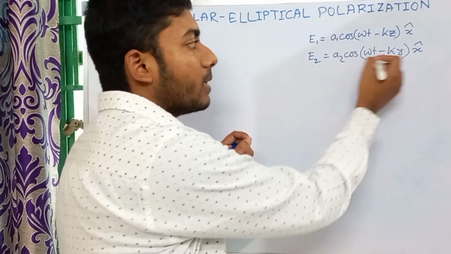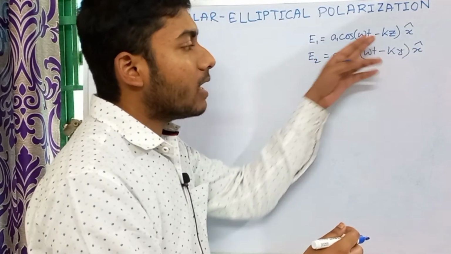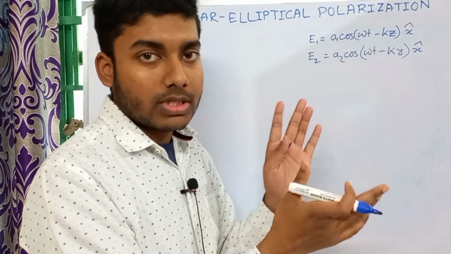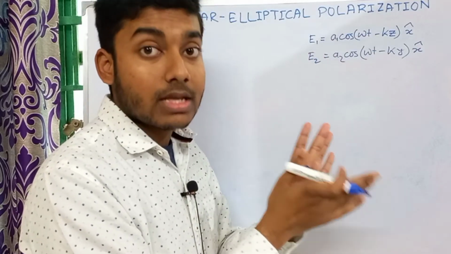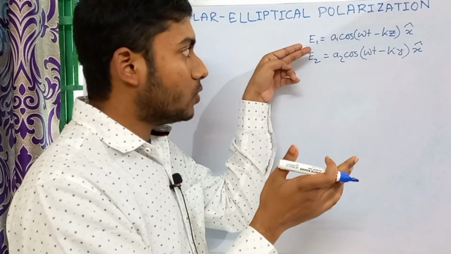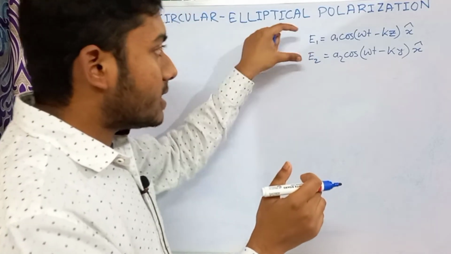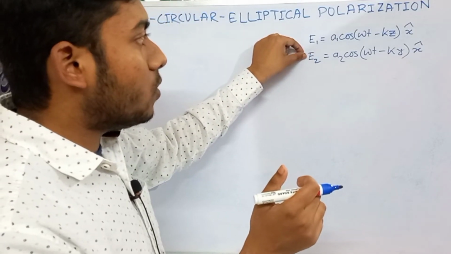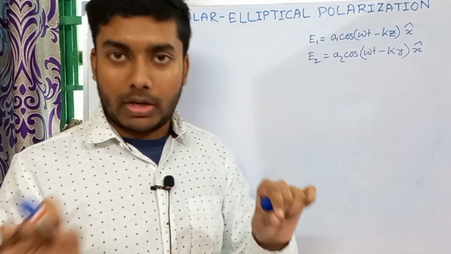So as this is propagating in positive y and this is propagating in positive z, the direction of propagation is not the same for the two components. So in this case the superposition of these two components will not produce a polarization.